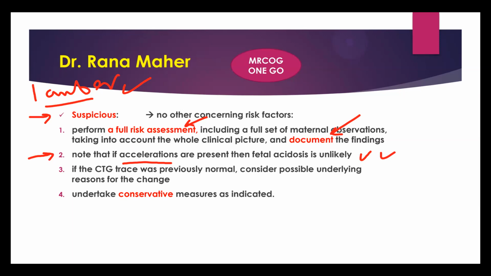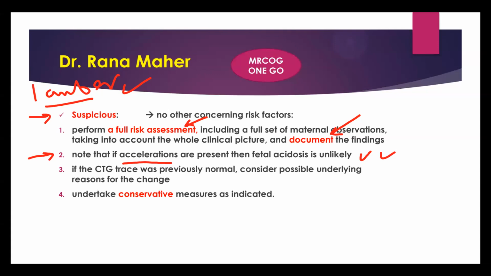If the CTG previously was normal, consider possible underlying cause. So if we have a continuous CTG, it was normal, and suddenly we have 1 amber, and now the CTG is suspicious, we need to search for the underlying cause. Okay, and we need to do some conservative measures, like change the mother's position, giving her oxygen, but in the old guideline, they even mentioned that the oxygen will not help a lot in that.